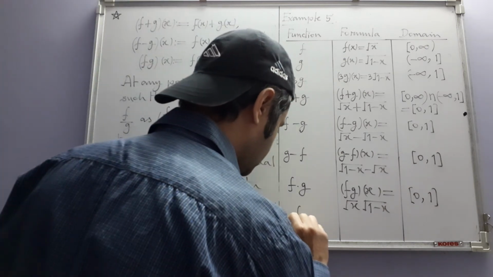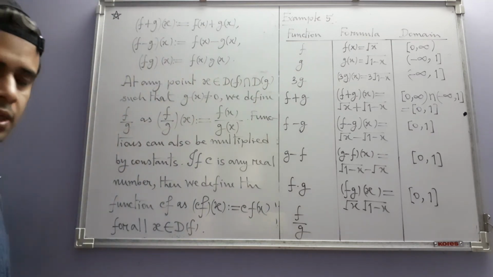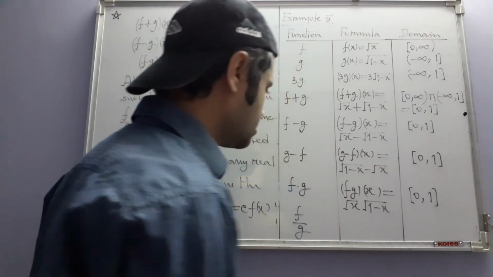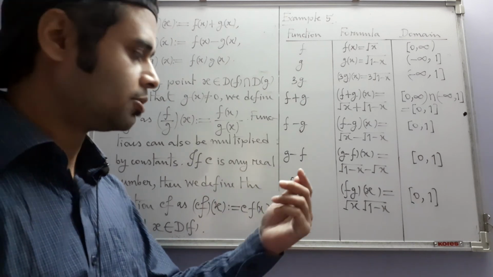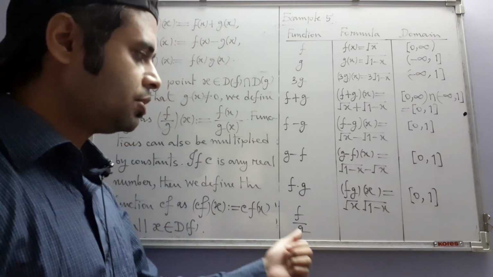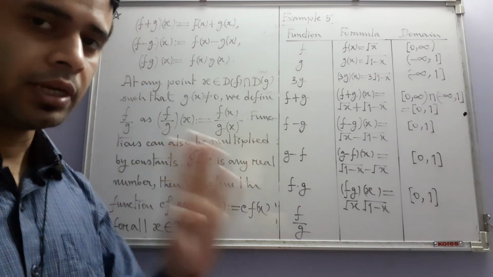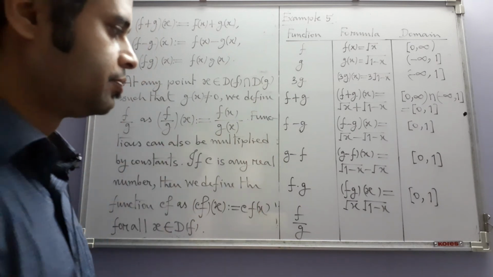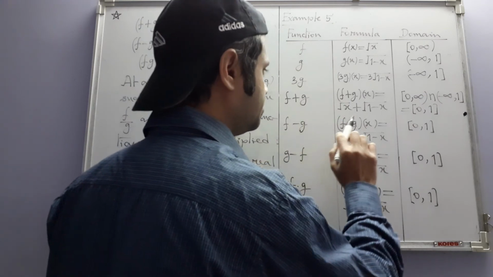Then two more possibilities are there, f divided by g. For this we should not only consider the points that are common to the domains of f and g, that is these points, but we should also consider the fact that g of x should not be equal to 0. Now when is g of x becoming 0?